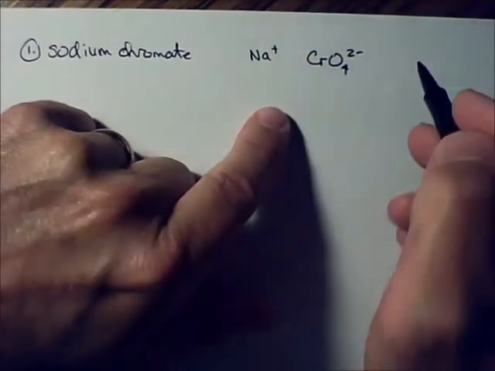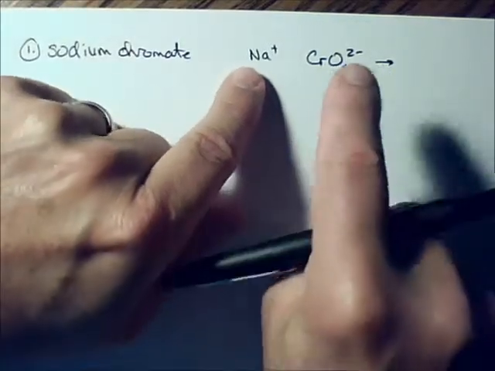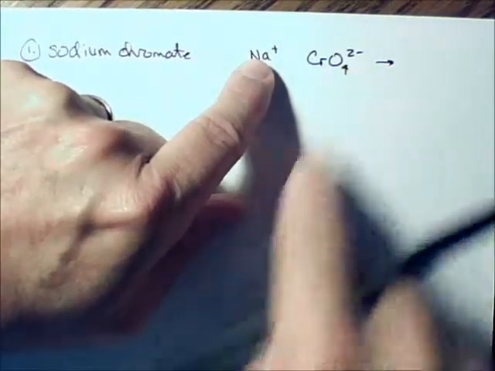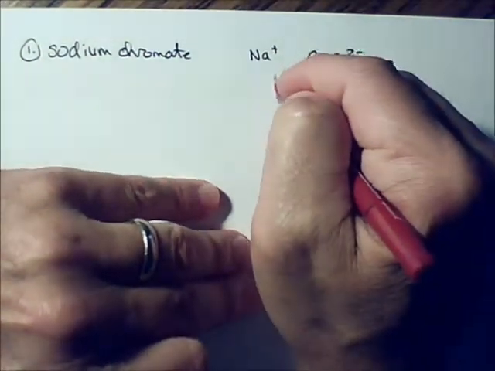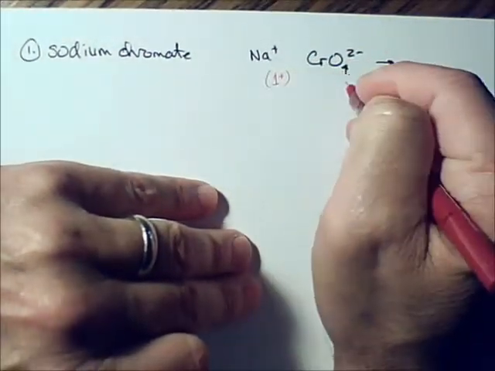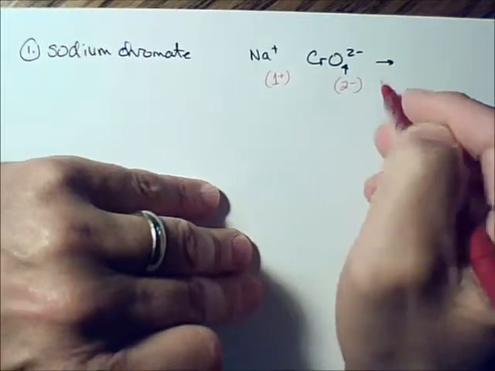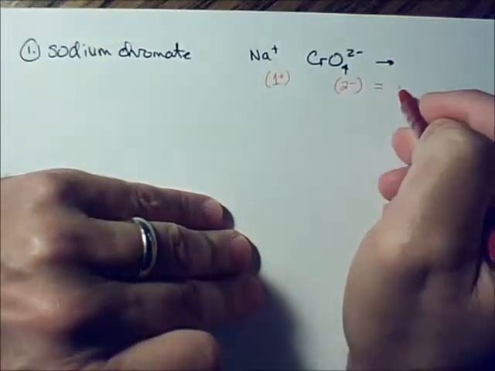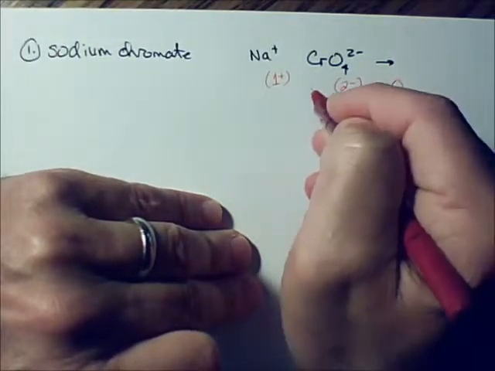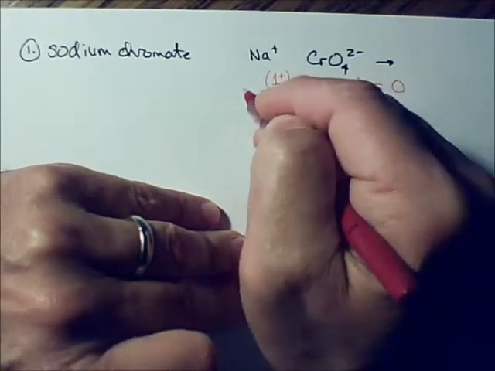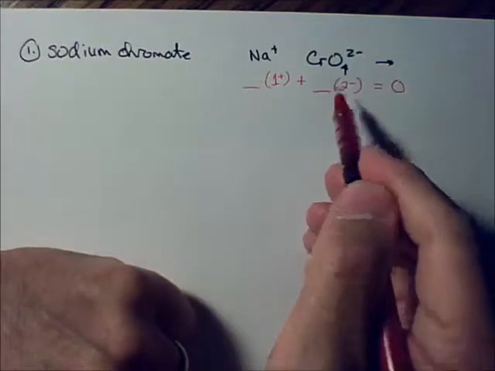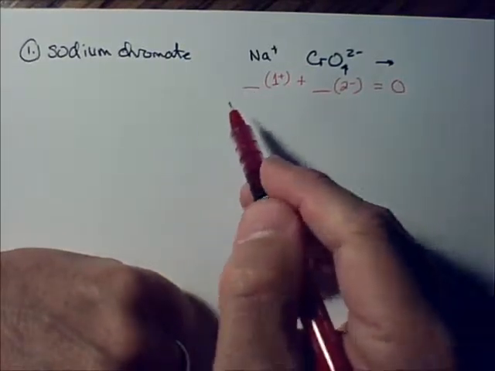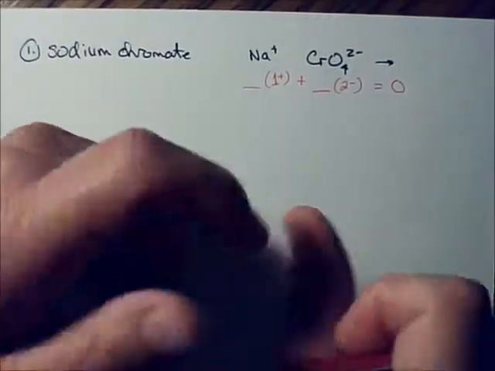What I need is a formula that has a balance of charges. Since I have a 1 plus charge on this sodium and a 2 negative charge on this chromate, I want to have a 0 charge when I'm done. The way I make this work is to use coefficients to multiply either the 2 negative charge or the 1 plus charge to get everything balanced out, or sometimes both.